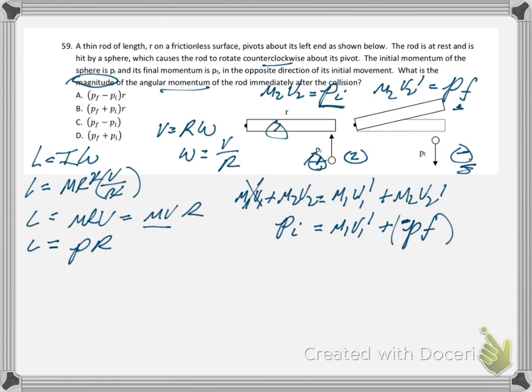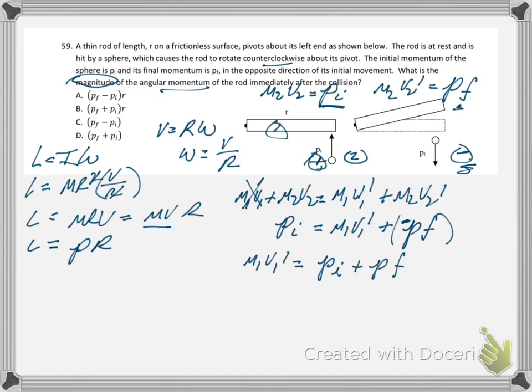All right, so let's rearrange this. We can add p sub f on the left, and we're going to get m1 v1 prime equals initial momentum plus final momentum.